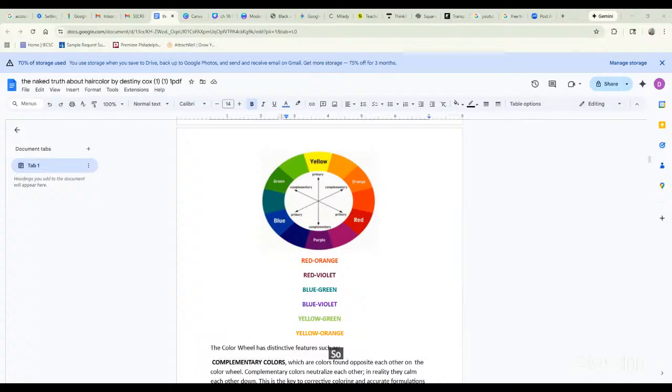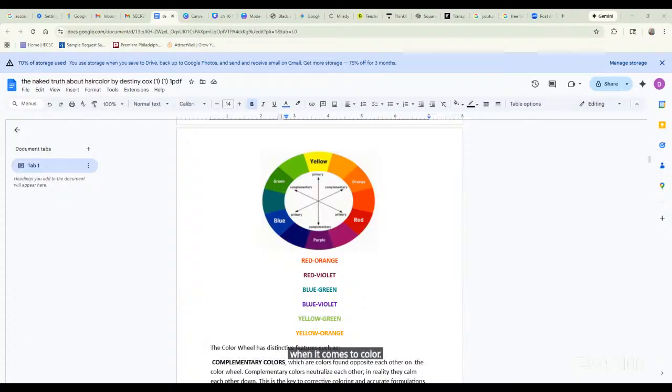So if from the jump I make sure this formula has that blue in there, as I travel over to my blonde, every time orange pops up, the blue, the complementary color, is going to shut it down. This is how we become great colorists, because you don't wait for the problem to figure out how to solve it. You solve the problems from the beginning when it comes to color.